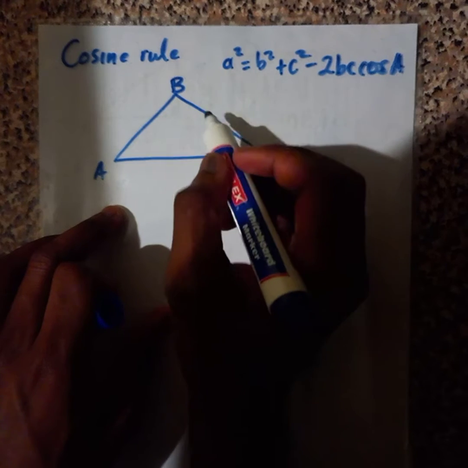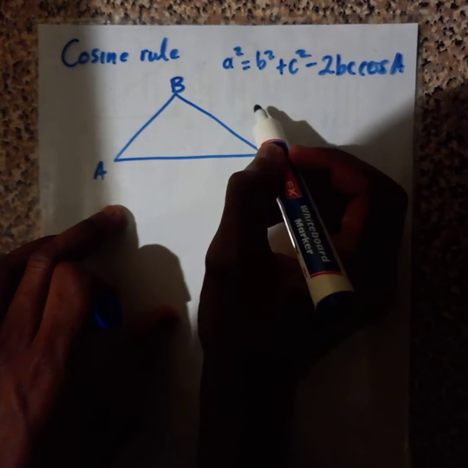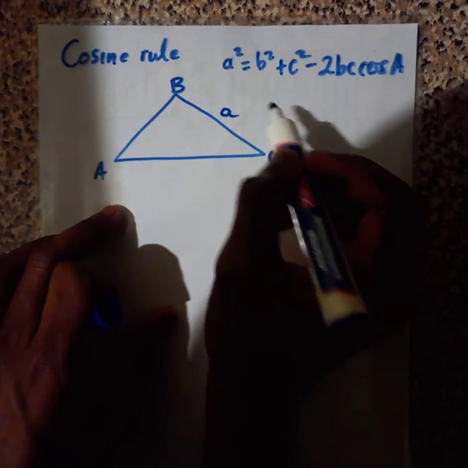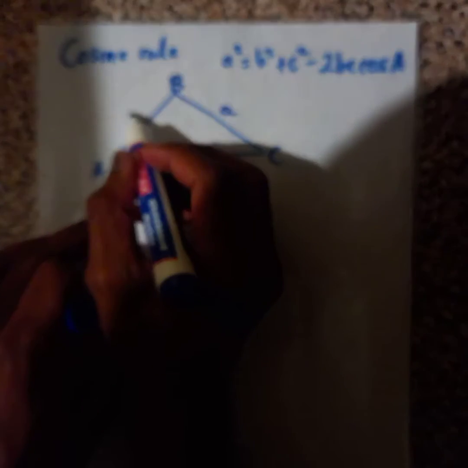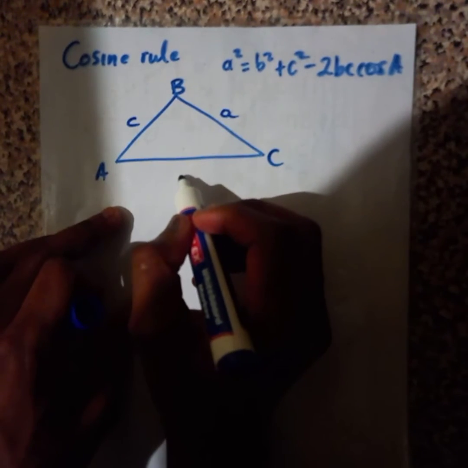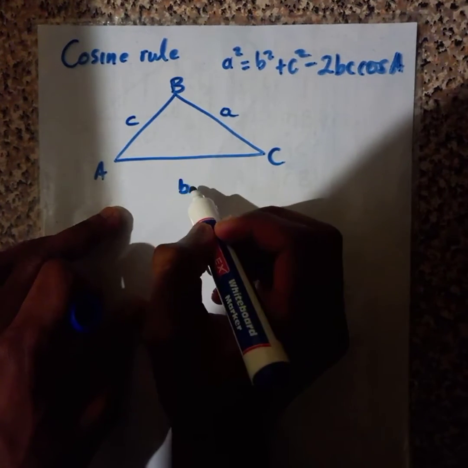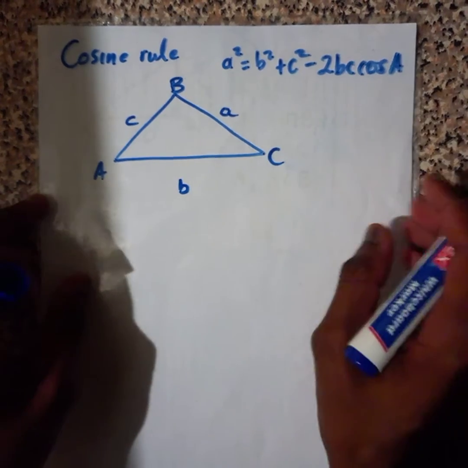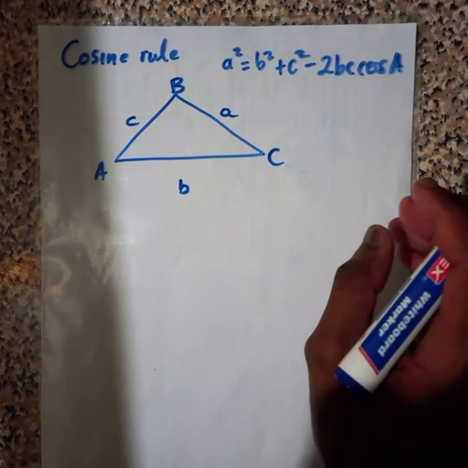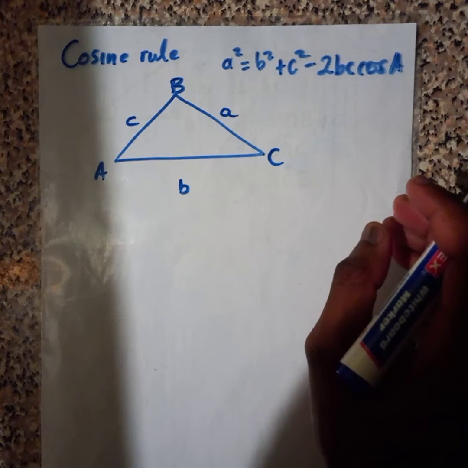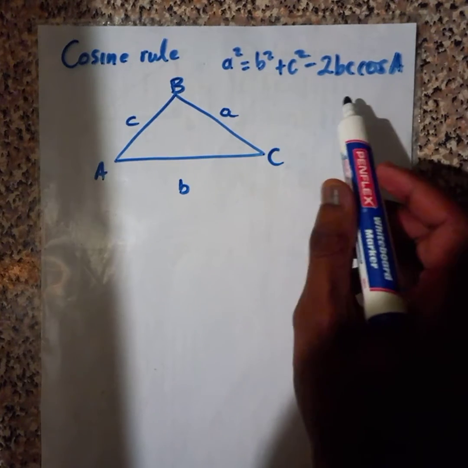Look, we have our angles. Then our sides are going to be the lowercase of the given angles, which is c as well as b. Let me write this b here. Then now we are going to prove that formula.